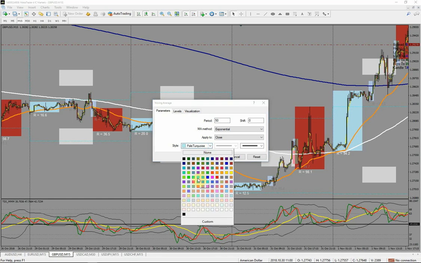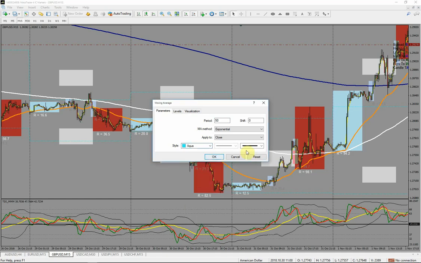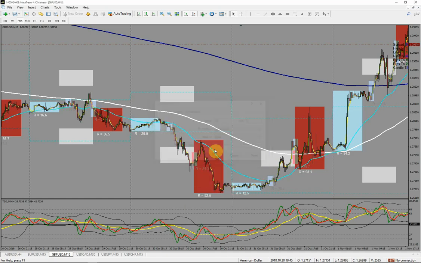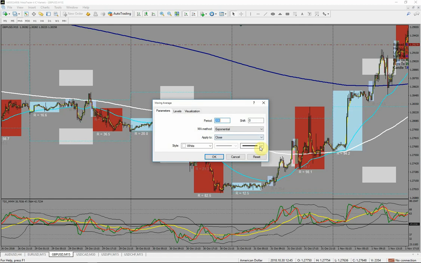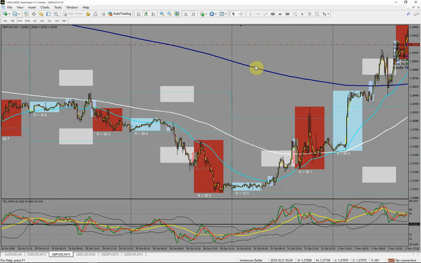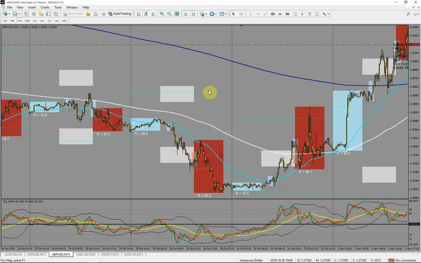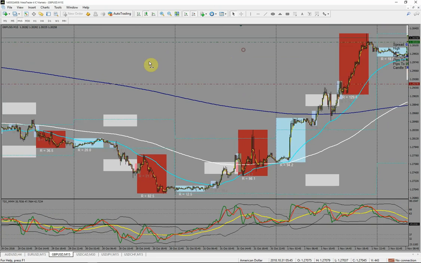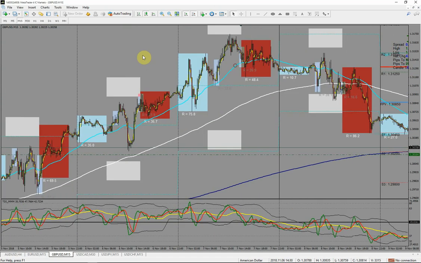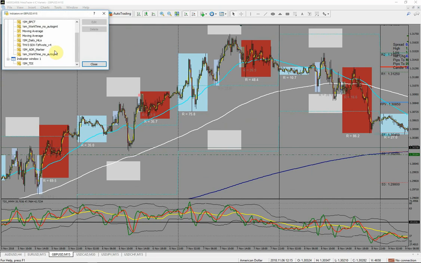It's aqua, not teal, not pale turquoise. It's aqua. Let me change the thickness, put it to level 2. And basically that is how you also customize your template. Let me just remove what I don't use. Pivots, I don't like them, I don't use them.